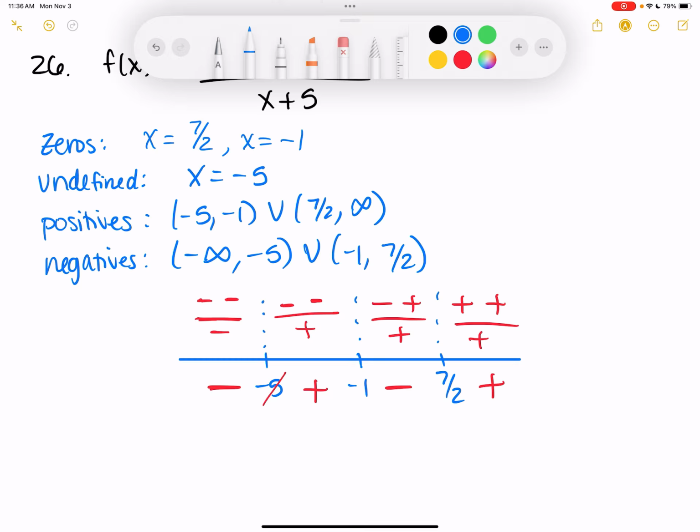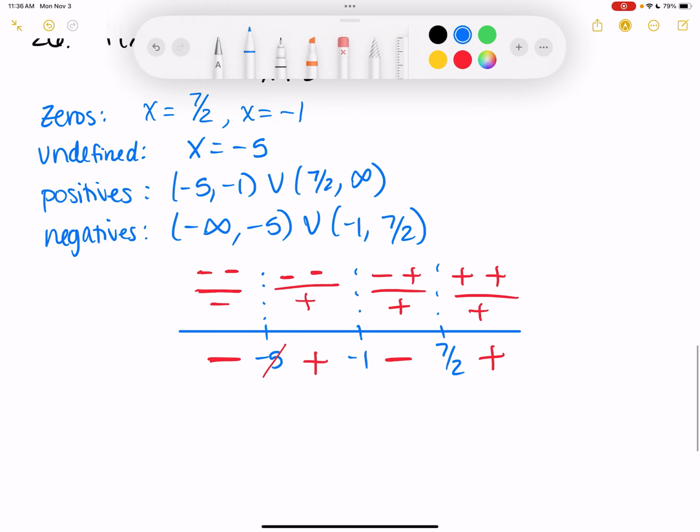The positives, because 0 isn't positive. Oh, but we do include them in the negatives. No. So then why is -5 there? Everything is a parentheses. That means not including. I don't have any brackets on these. Oh, that's what not including is. I thought you meant we're just not writing it down.